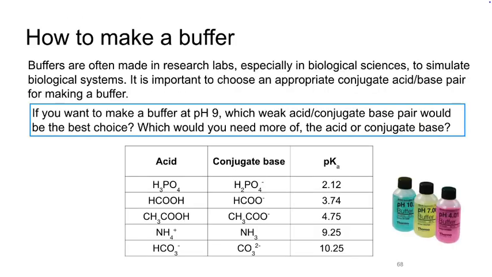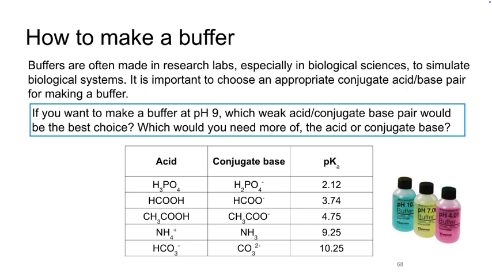Which then I'm going to get kind of excited about, and potentially you will too. How to make a buffer. So if we want to make a buffer at pH 9, remember, we want the buffer to hit roughly our pH line. So if we're going to look for a buffer for pH 9, which pKa should we pick? One that is as close as possible to 9. So we look at our buffer list, which one hits a pKa of about 9? The NH4+, that's going to be our best buffer to target that pH of 9.